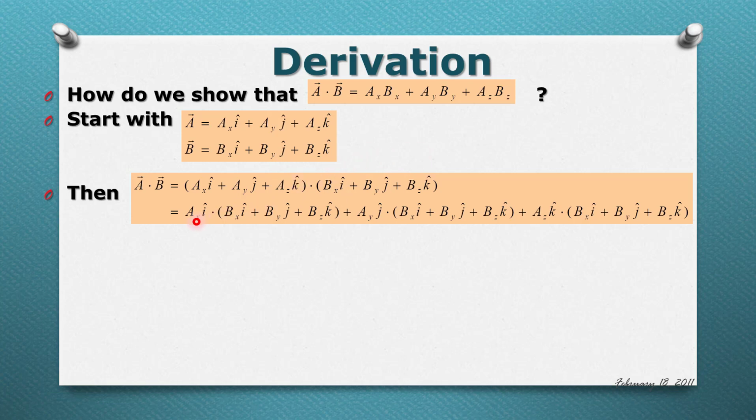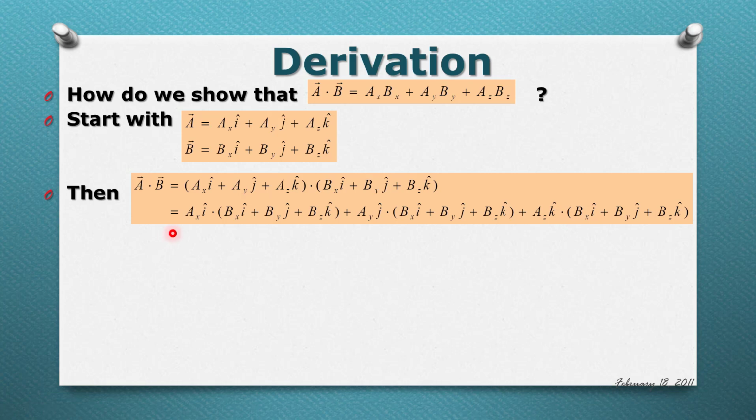So we can write it as ax i hat dot the whole vector b, plus ay j hat dot the whole vector b, plus az k hat dot the whole vector b. Okay, in the next step you have to do it in proper steps.